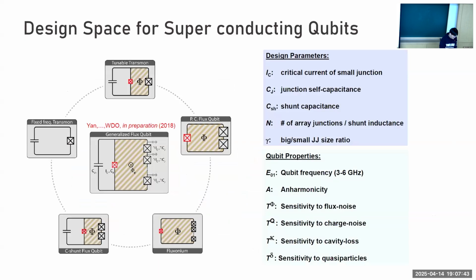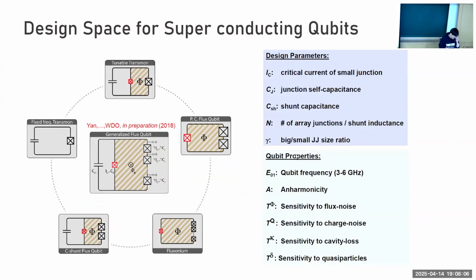So there are many design spaces for superconducting qubits. These kinds of superconducting qubits include the tunable transmon, flux qubit, fluxonium, C-shunt flux qubit, and fixed frequency transmon.